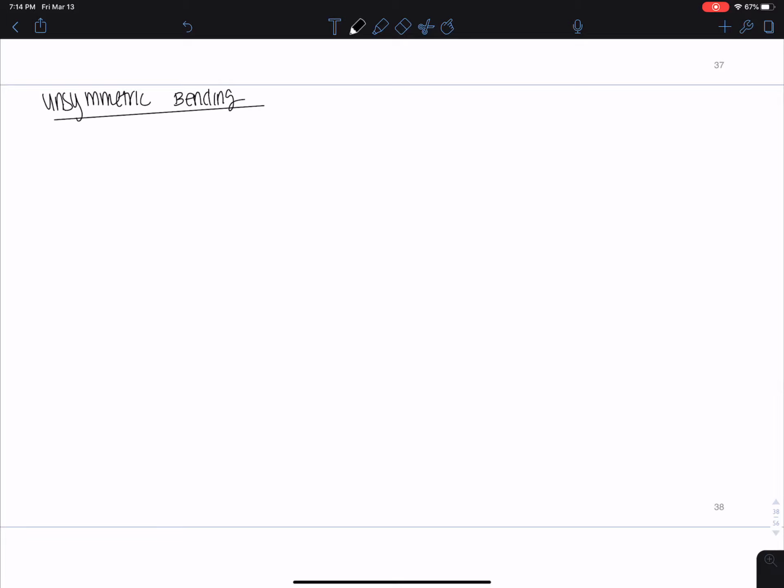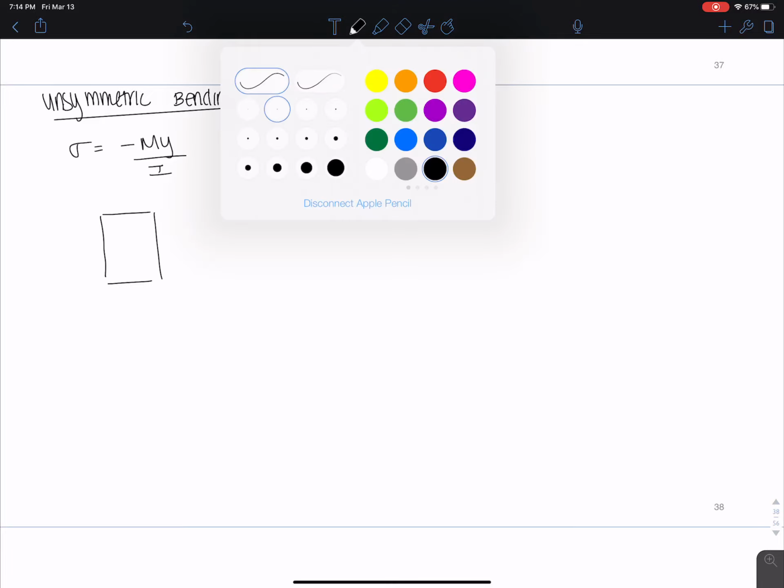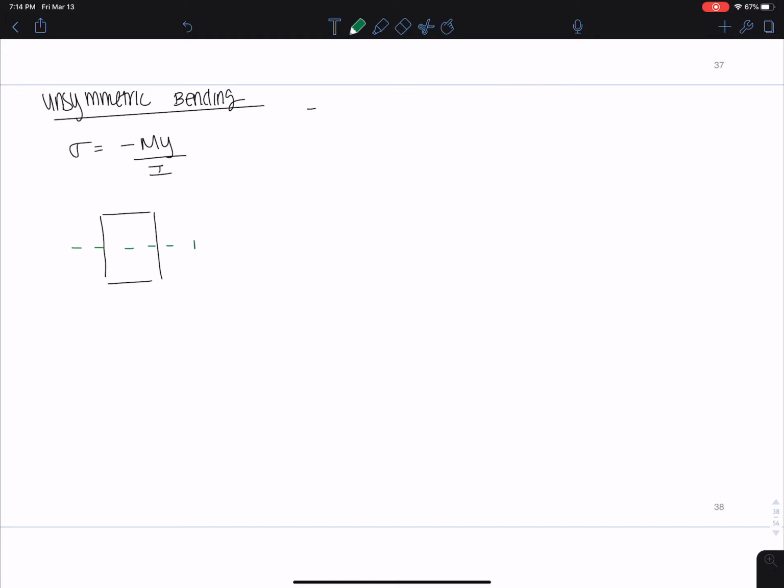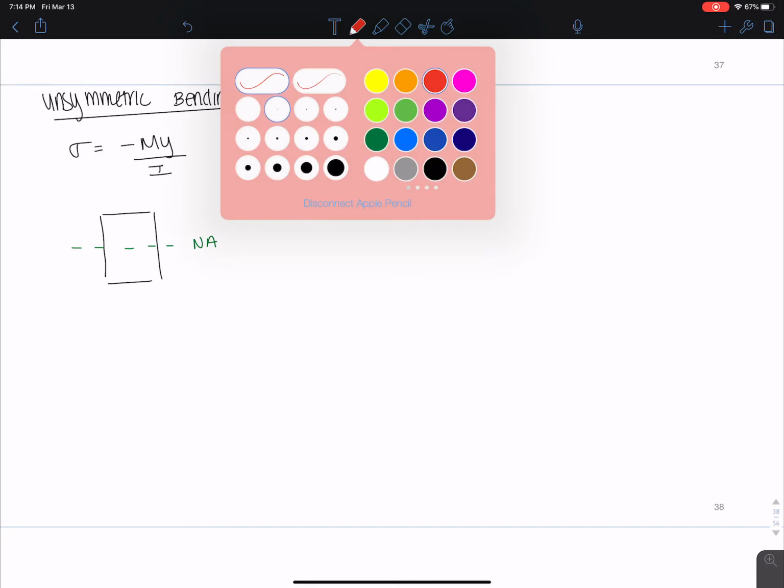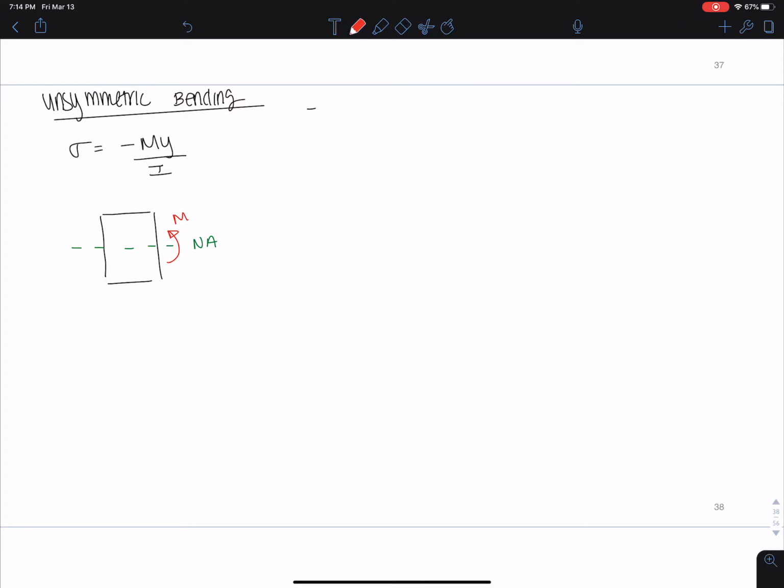Okay, and if we remember, we derived the flexure formula. We derived sigma equals negative My over I for a transversely loaded beam. Okay, so what that means is if I have this cross section here and this is my neutral axis, I have some moment applied here and I have some base B here, some H here, and I can determine the stress caused by the bending moment at this cross section.